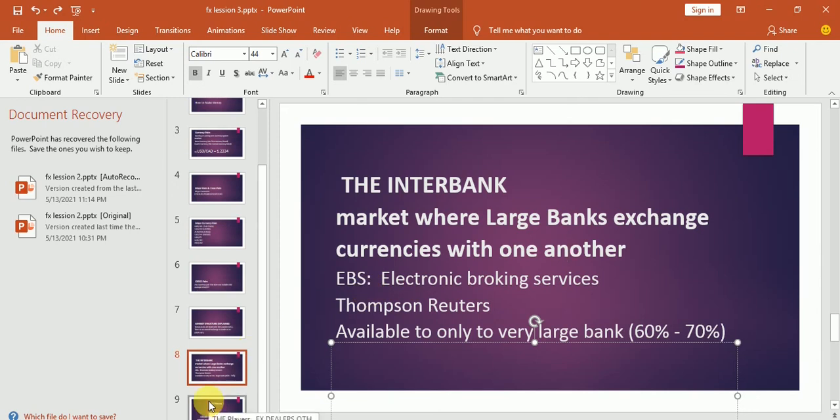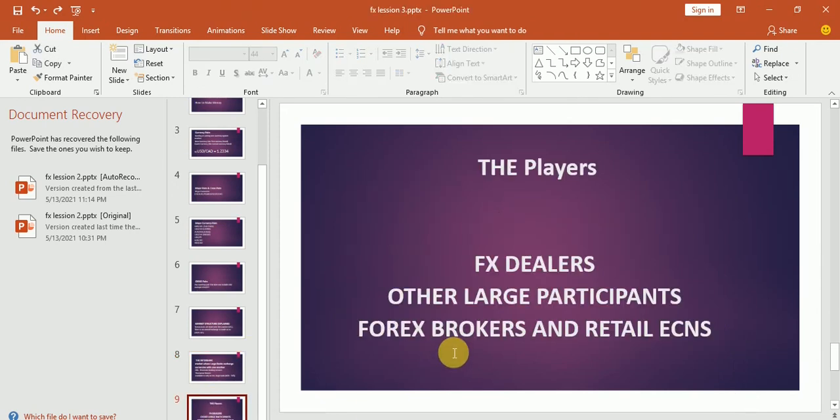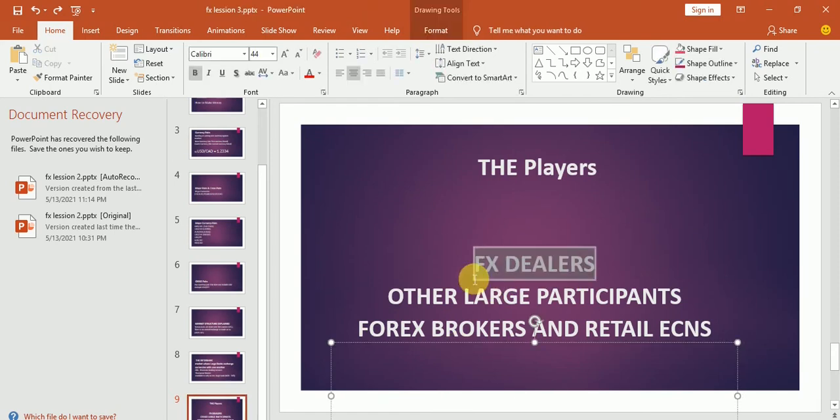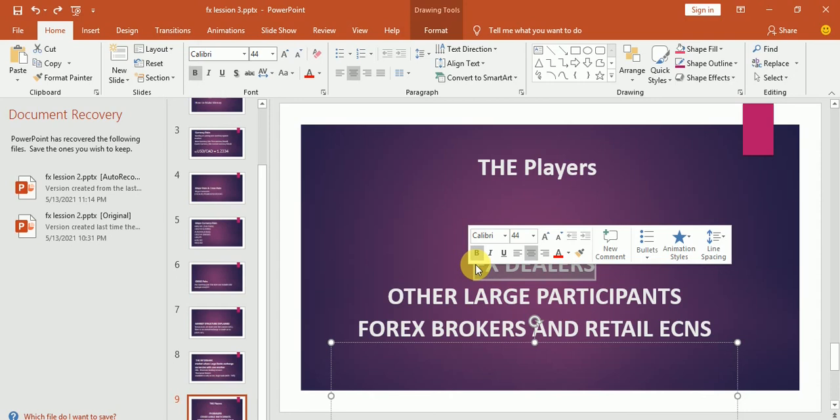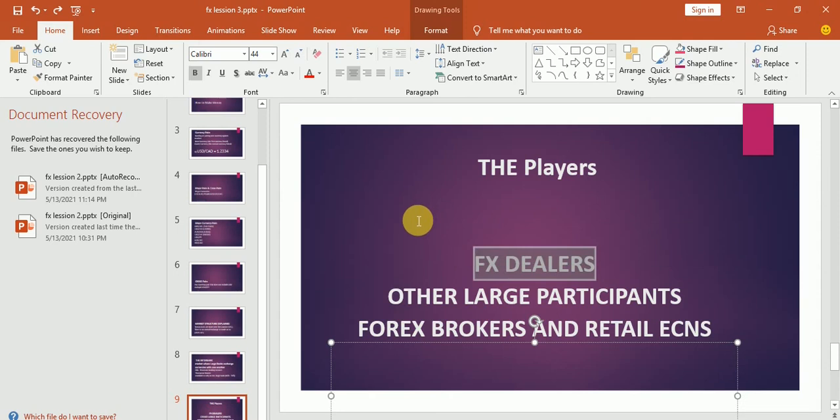Now coming to the players, these FX dealers are the level of the interbanks, the level of the big banks. These guys are using too much money to trade. Honestly, me and you cannot afford trading at this level. So we have other large bank participants.